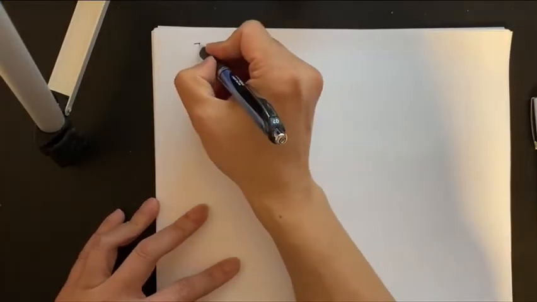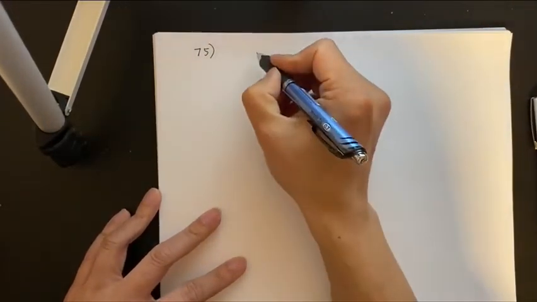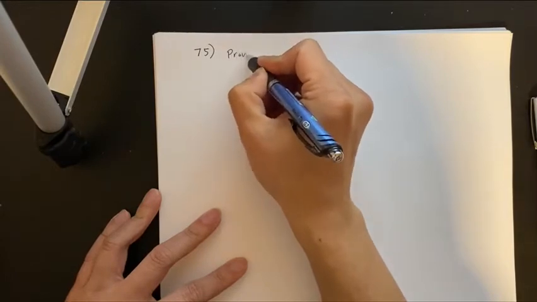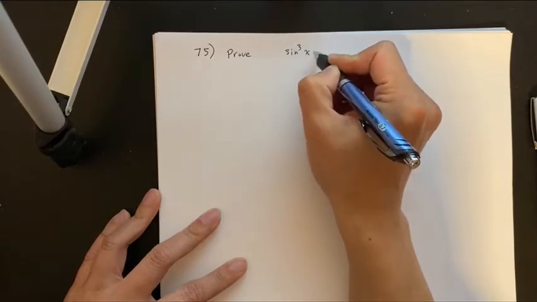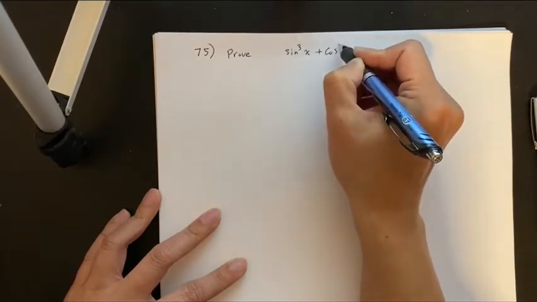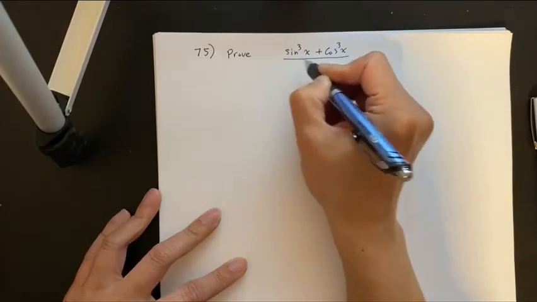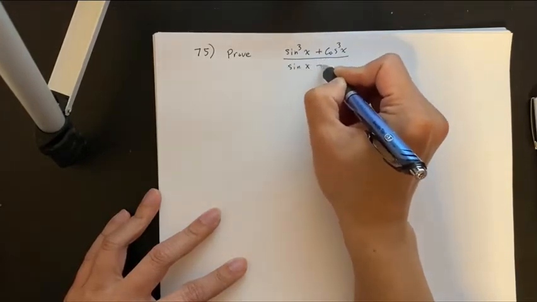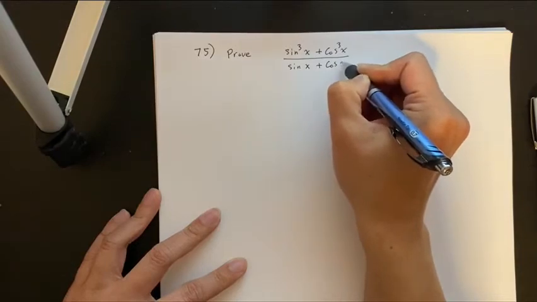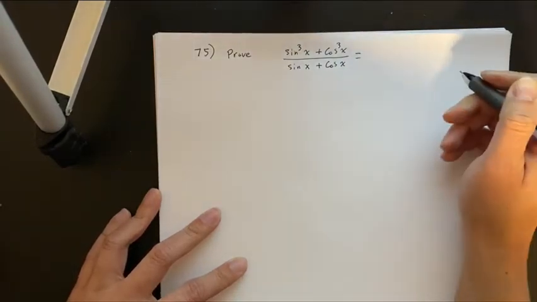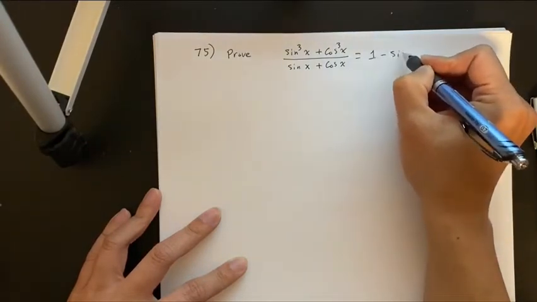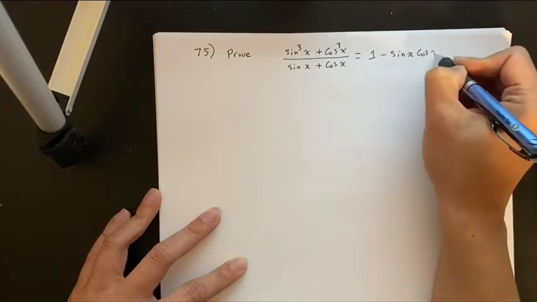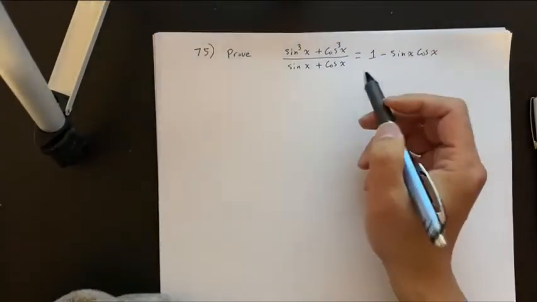Last problem, 75. This is a hard problem. You're being asked to prove the trig identity: sine cubed x plus cosine cubed x, divided by sine x plus cosine x, somehow is equal to 1 minus sine of x cosine of x.